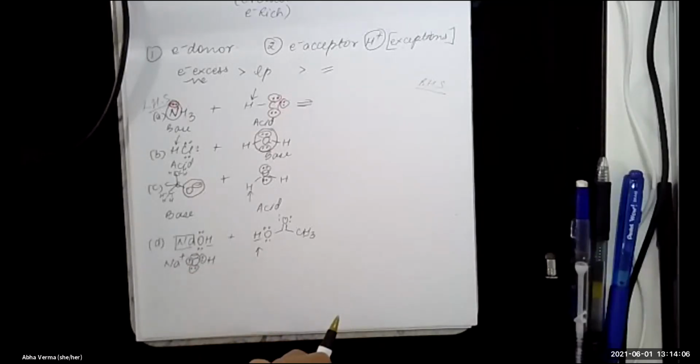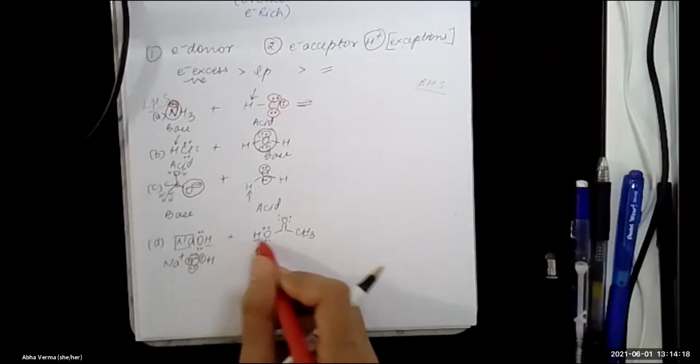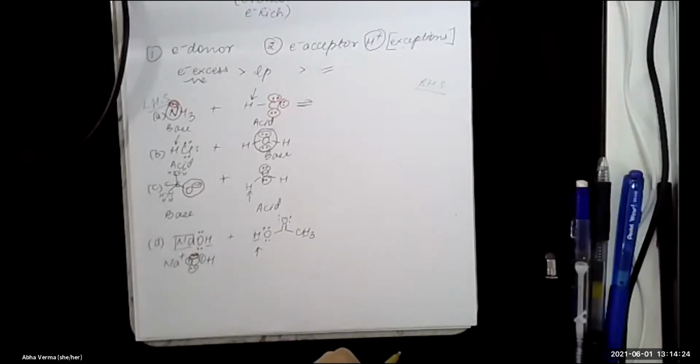Are you able to understand or recognize which is the most electron donating oxygen? Yes, ma'am. Which one is it? The one with the OH. Both of them are OH. I mean, with the Na, the one with the Na. The one with the negative charge. Okay? Right. Thank you, Salome.